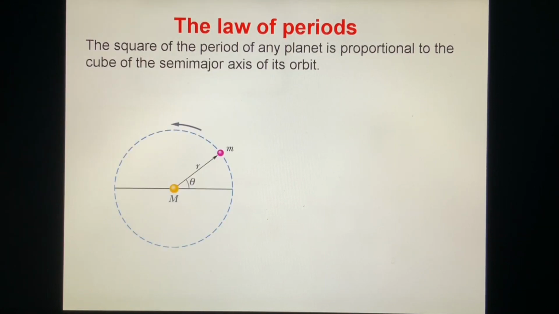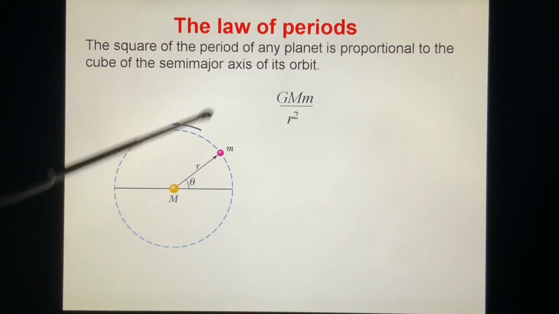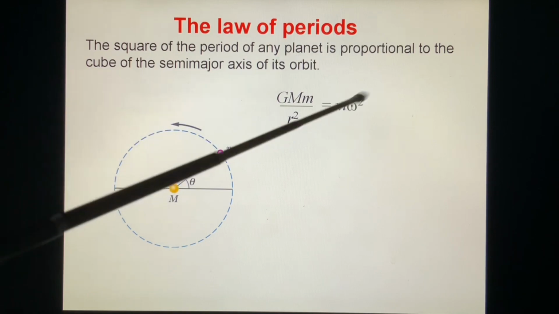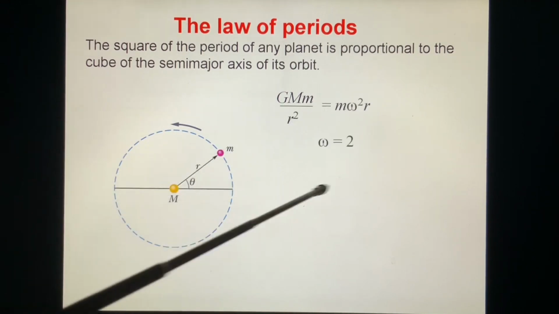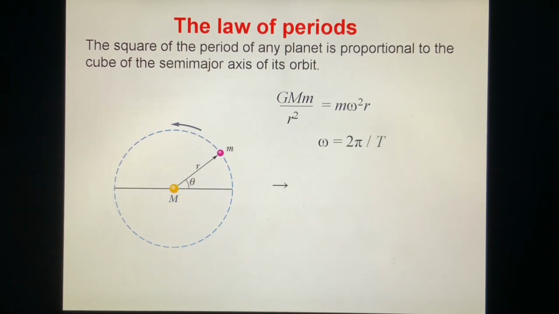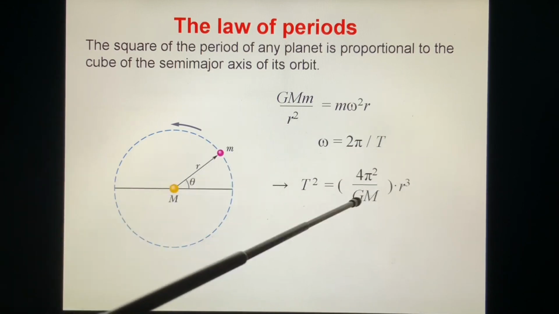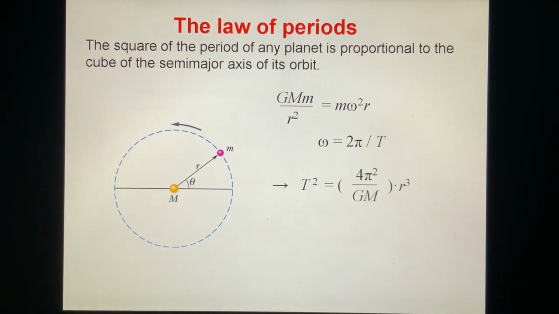We take circular motion as an example. For circular motion of the planet, this is the gravitational force from the sun. This force is the centripetal force, equal to m omega squared r, and omega is defined by 2 pi over T. Substituting omega, we find the relationship T squared equals 4 pi squared over GM times r cubed, with the planet's mass m canceling.